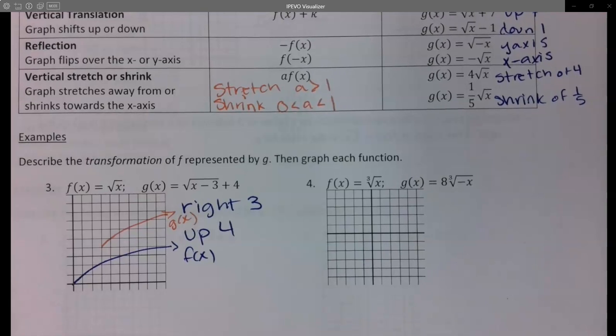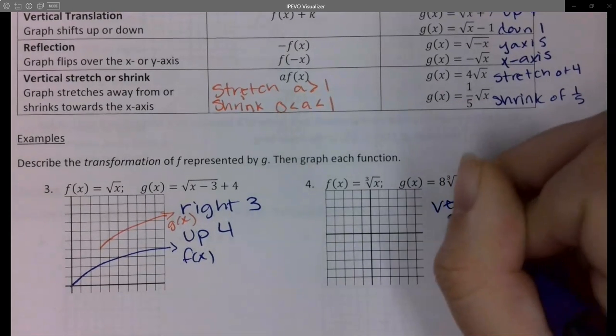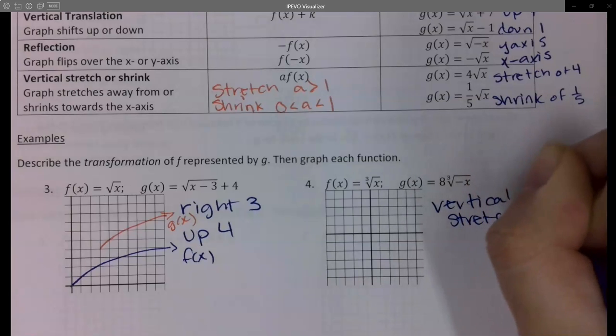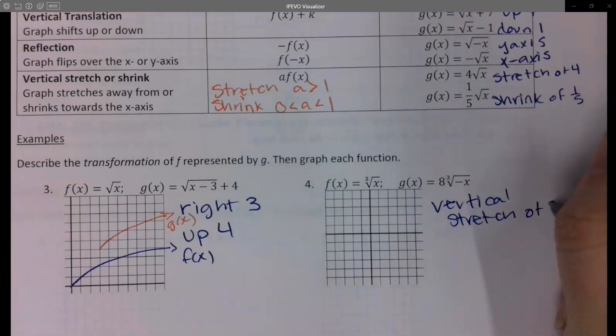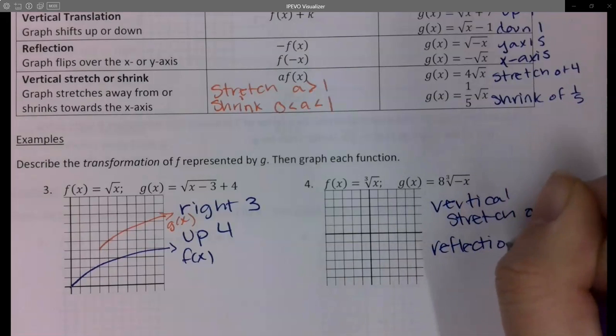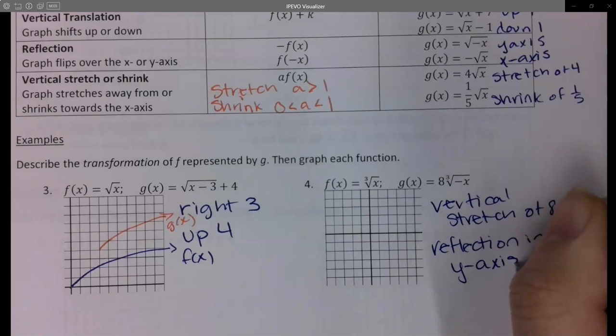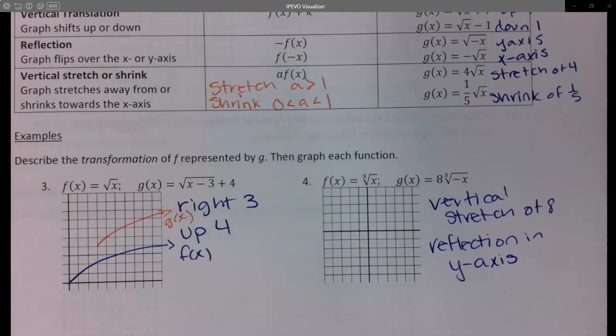On number 4, what is different? So vertical stretch means that when I graph this, the graph should get skinnier, and the reflection means it should flip.